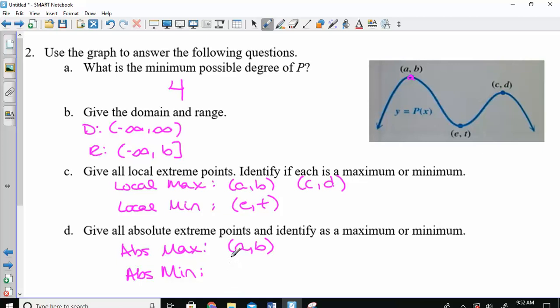Absolute min, the single lowest point on this graph. There is none because it keeps going down forever. Okay, so those questions will not specifically be on tomorrow's quiz. They were on our last quiz, but I'm trying to just keep hitting some of this stuff so we don't forget it. Questions there?